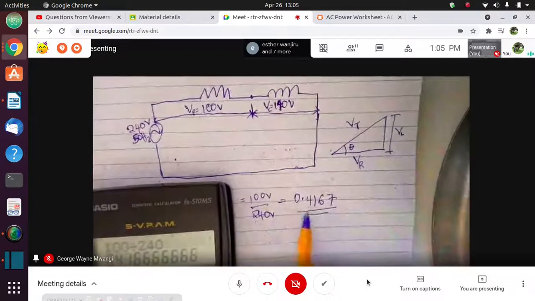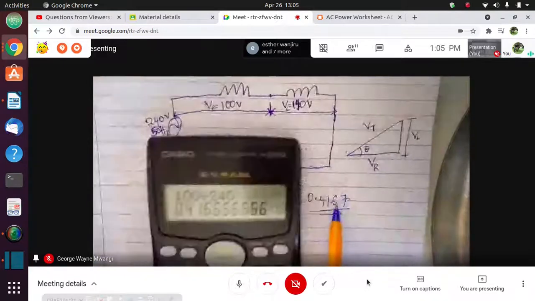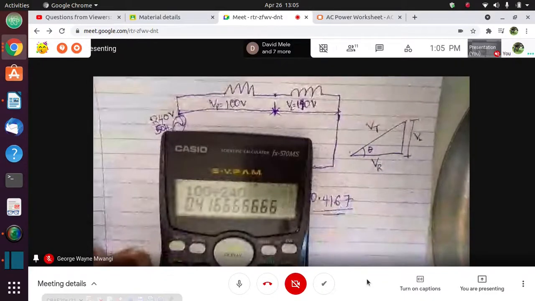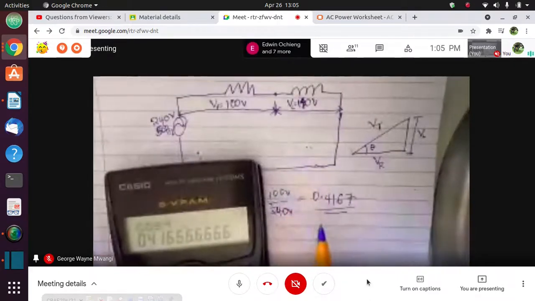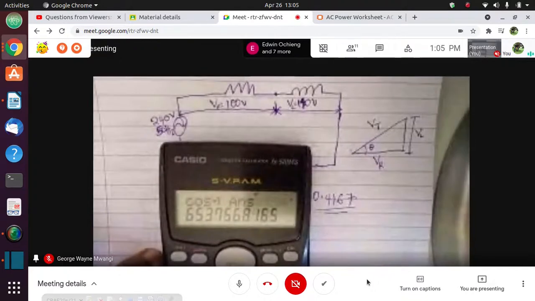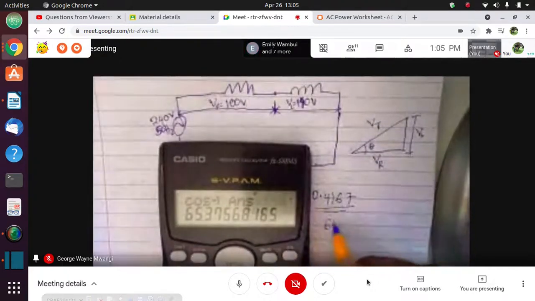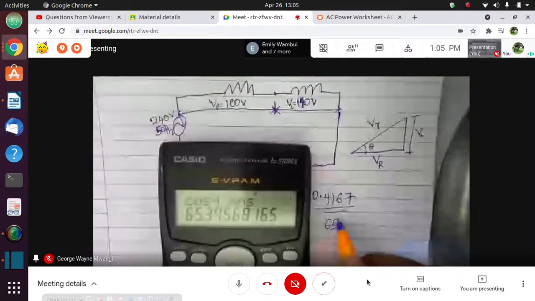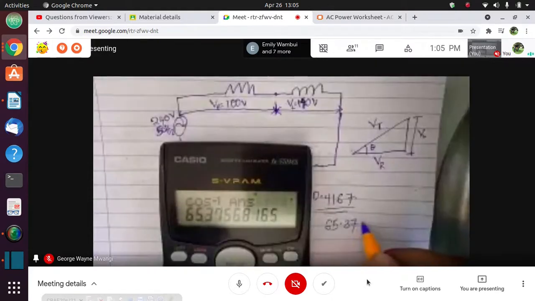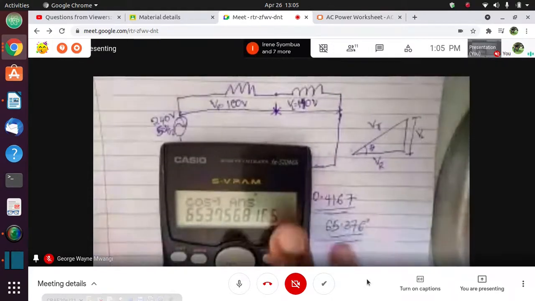If you represent this power factor in terms of an angle, it will be the cosine inverse. Shift cos of that will give you 65.376 degrees in terms of angle.